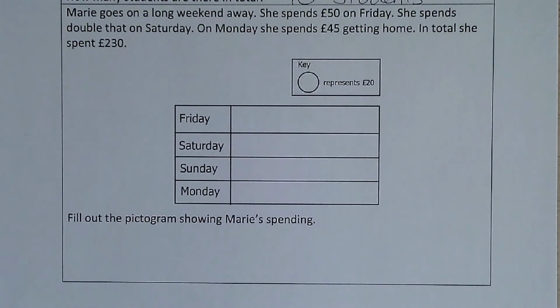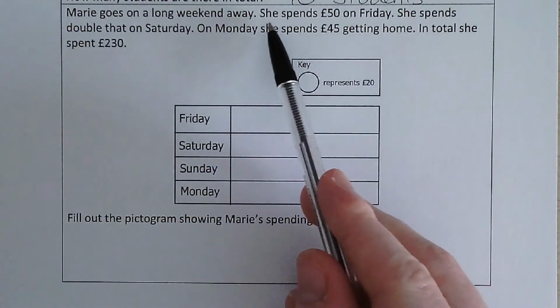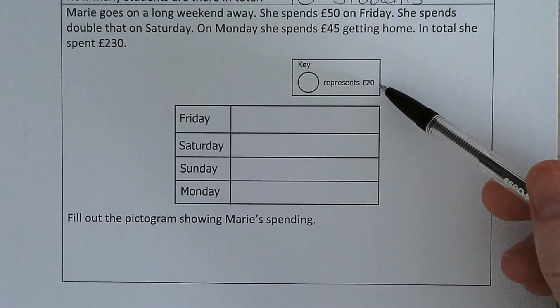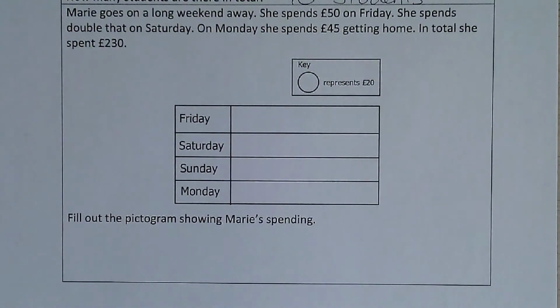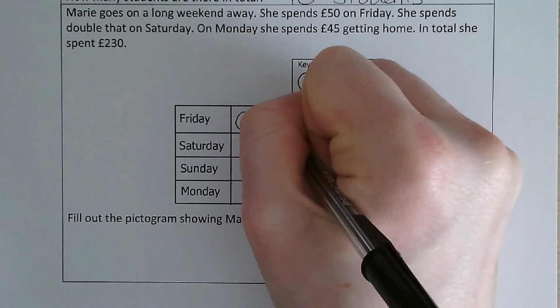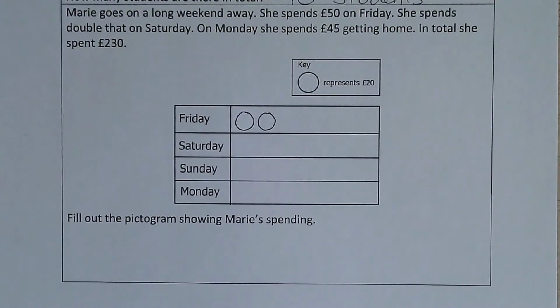If we look at our first piece of information, which is that she spends £50 on Friday, we cannot get to £50 using multiples of 20. We will have to go £20, then £40 on Friday, but we cannot use another full circle as this will take us to £60.